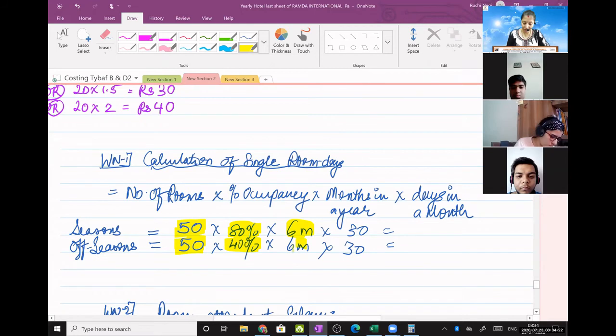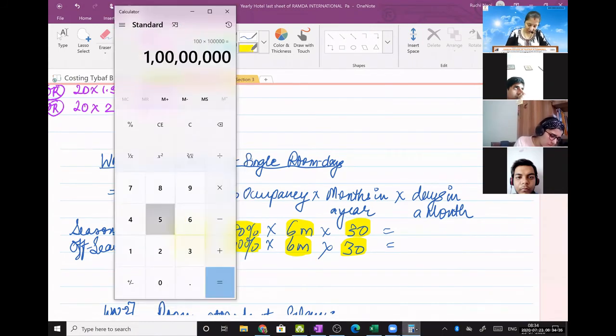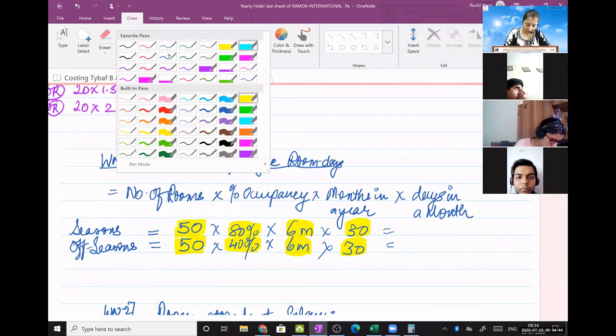They've already given that there are 6 months of seasons and 6 months of off seasons, and for calculation of days, they have said assume 30 days. Now start calculating: 50 rooms into 80% occupancy into 6 months into 30 days. So the answer is 7,200.